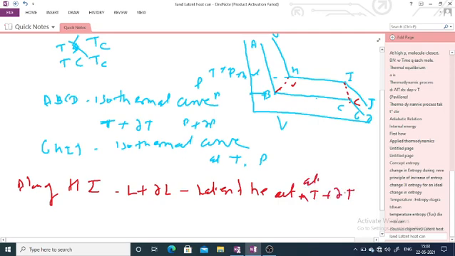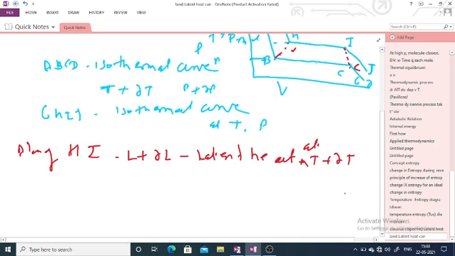If you understand the first latent heat equation, then this is simple. Along HI, pressure and temperature are constant. Now the volume changes from V1 to V2, that is, expansion takes place. It is an isothermal expansion because the temperature is constant.